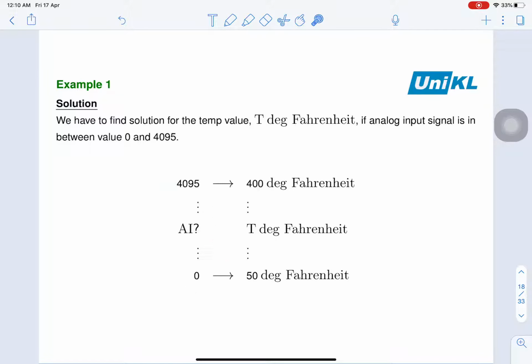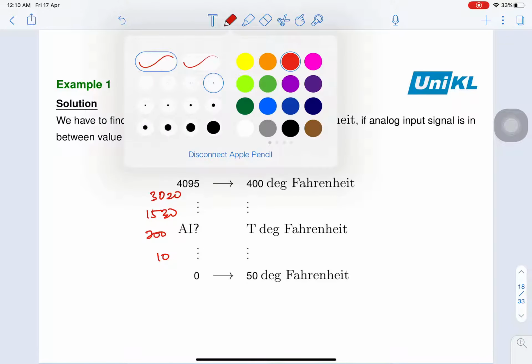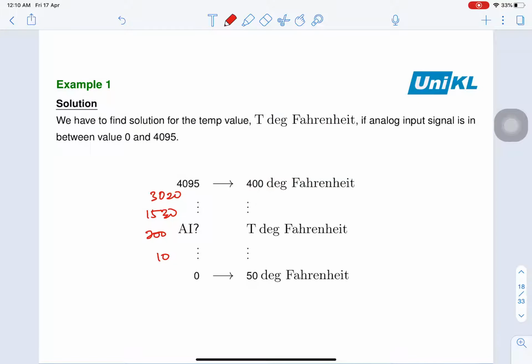For example, it can be 10 decimal unit, it can be 200, it can be 1530, it can be 3020, and so on. So we are going to see how we can create the relationship between this value and what temperature in degrees Fahrenheit it corresponds to.